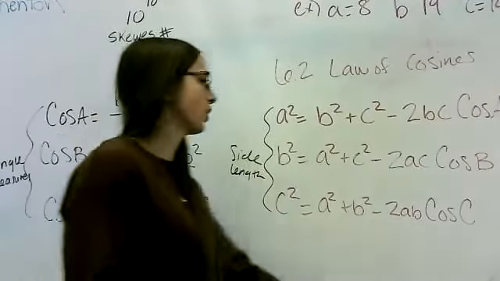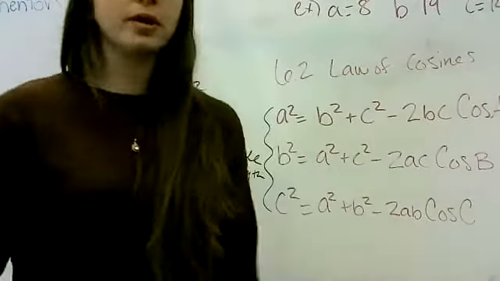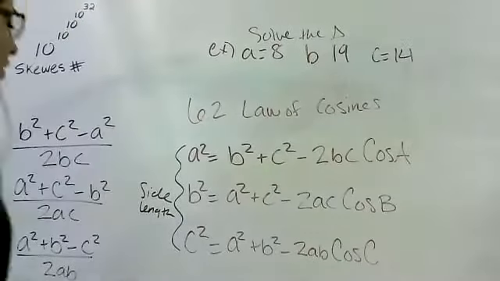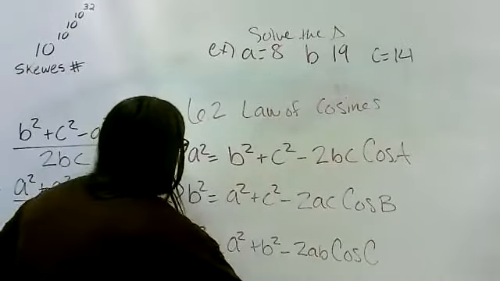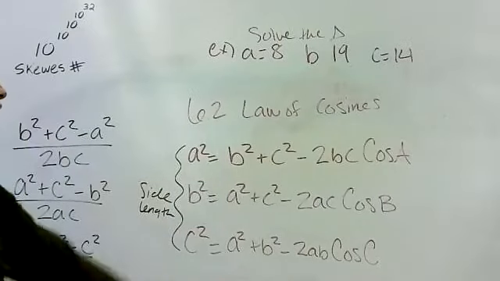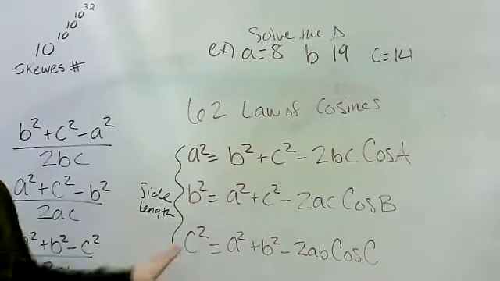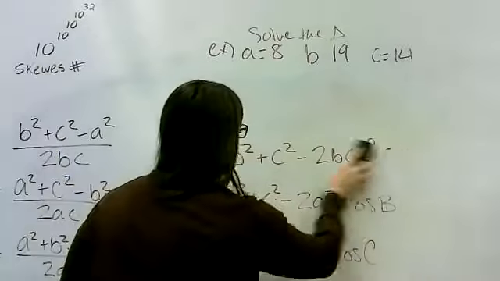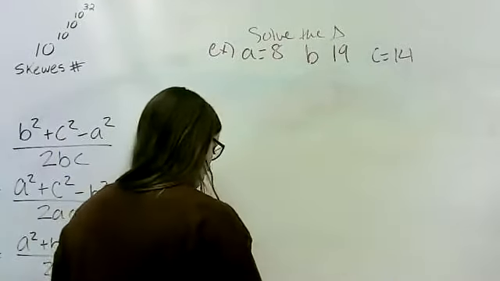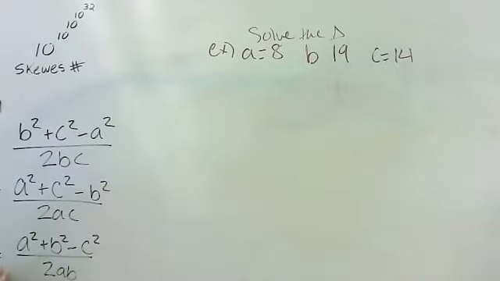Okay, so we're going to first start out, I'm just going to move my screen up a little bit, with this example where we are starting out with 3 side lengths, not angle measures. So clearly these 3 formulas are not going to matter to me right now, so I'm going to erase all of them. What will matter is all 3 of these formulas that I need with angle measures.